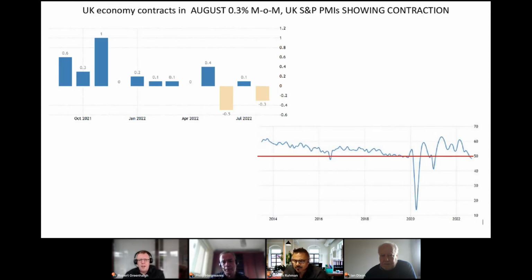The British economy contracted at 0.3% month on month in August 2022. I think the very earliest leading indicators would also suggest we're going to see further contraction in September. The main changes that we've seen driving this change, which I think are important, is a decline in manufacturing output.